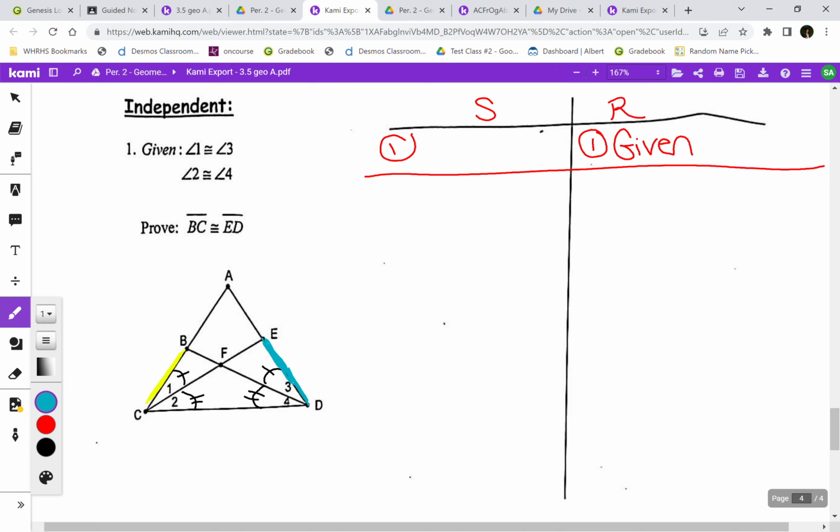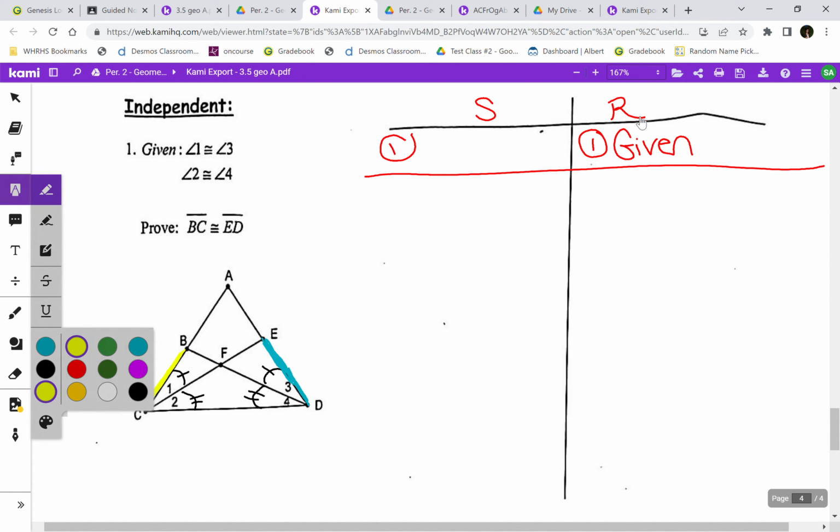So for me personally, my first instinct for triangles to prove congruent is triangles BCF and EDF. Do you all see those 2 triangles, BCF and EDF? Don't highlight it because these are wrong, but I'll highlight them for you. So I'm talking about this one and this one.